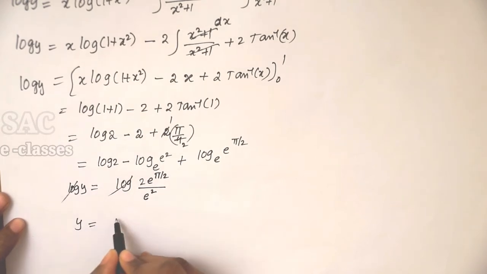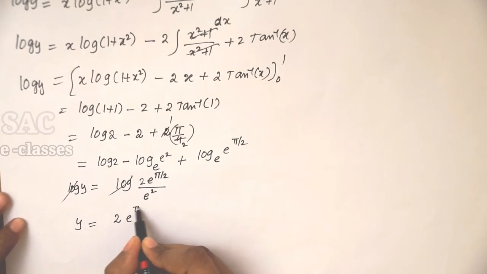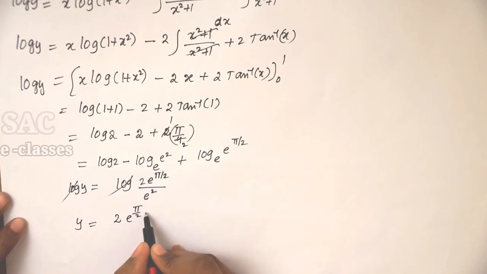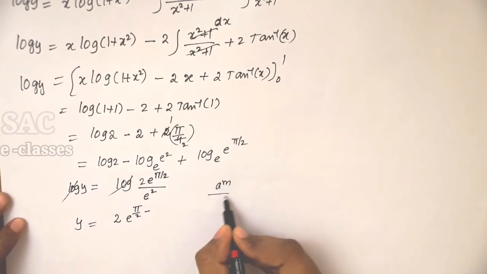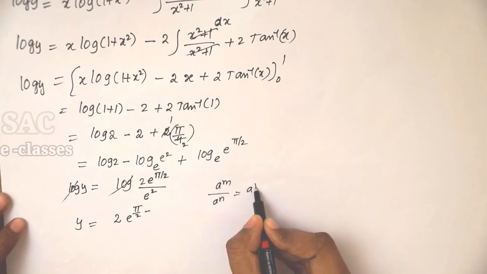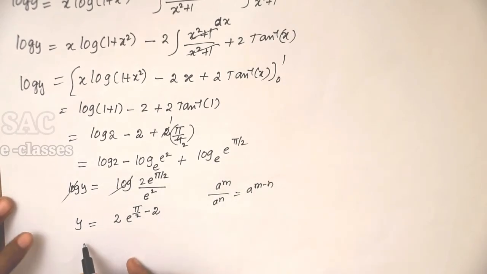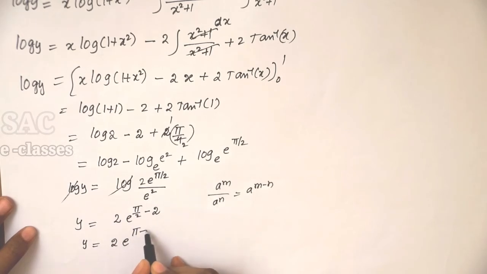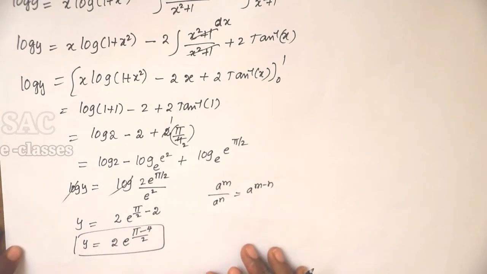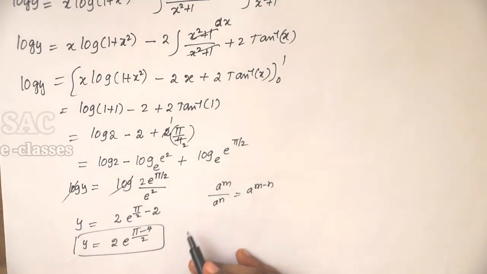So y equal to 2 into e power pi by 2 divided by e square. We know that a power m by a power n can be written as a power m minus n, so pi by 2 minus 2. Y equal to 2 into e power pi by 4 by 2 will be the required answer. Option C is the correct one.